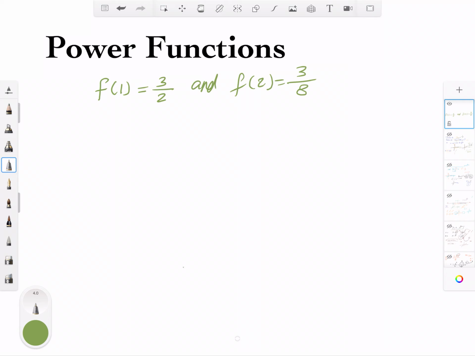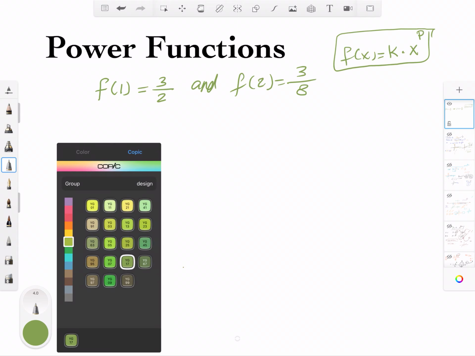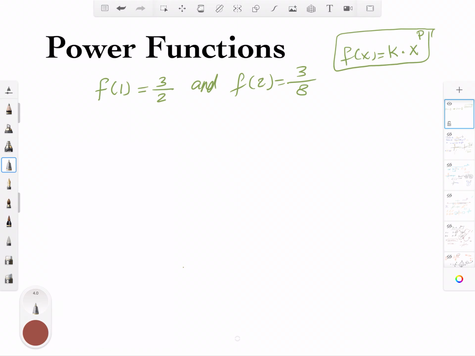So we need to come up with f of x equal to k times x to the power of p. So in order to solve that, we need to solve for k and we have to solve for p. Same as an exponential function, this is x, that guy is y.